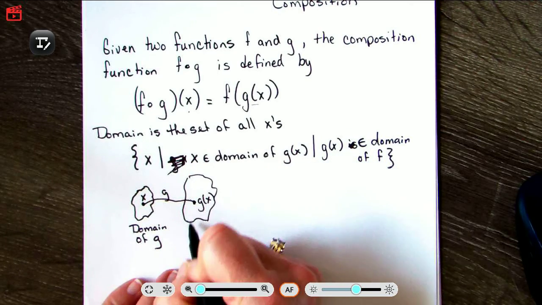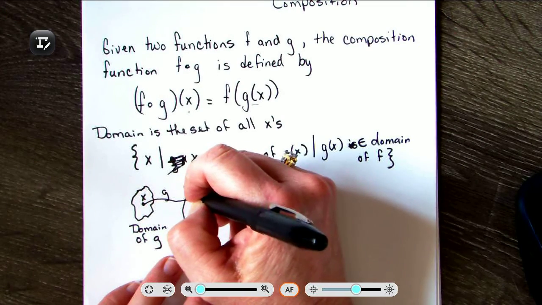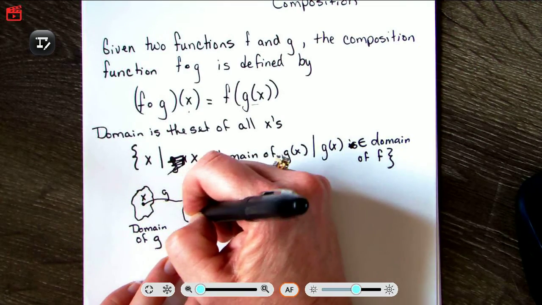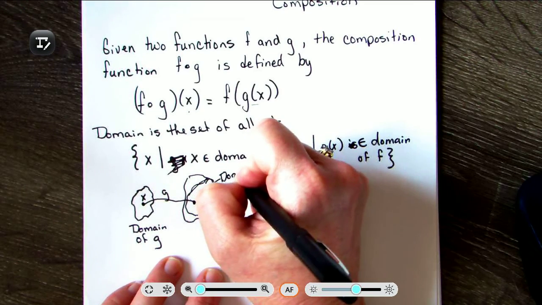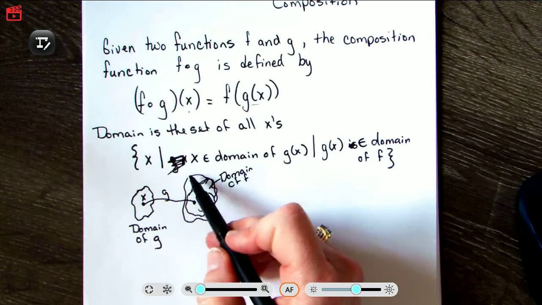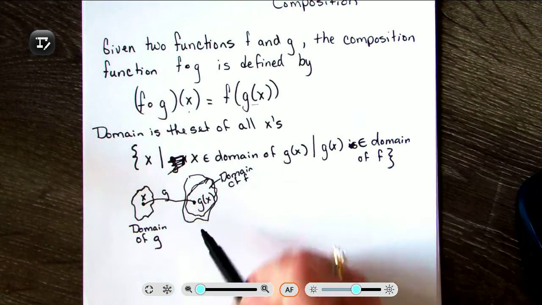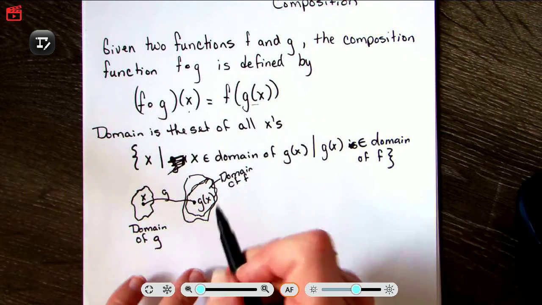So this would be the range of g, but it also has to be inside the domain of f. There might be some stuff in the range of g that we can't use, so that stuff would have to get thrown out.